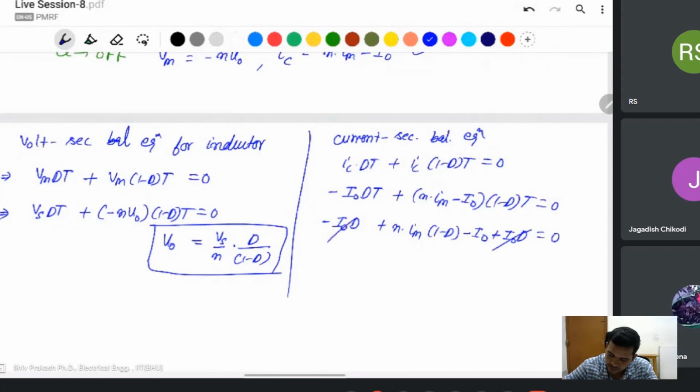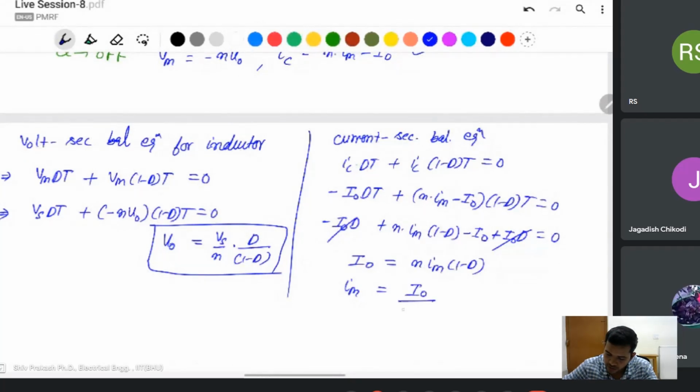This one cancels out. So take I naught is equal to n Im into 1 minus d.